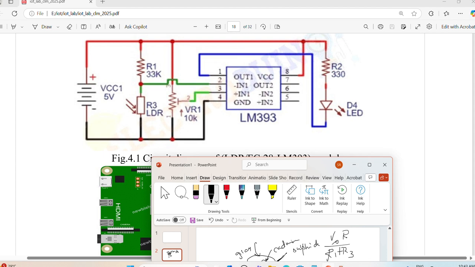By taking R3 as a very small value and R1 already given, you can estimate that this voltage will be quite small.